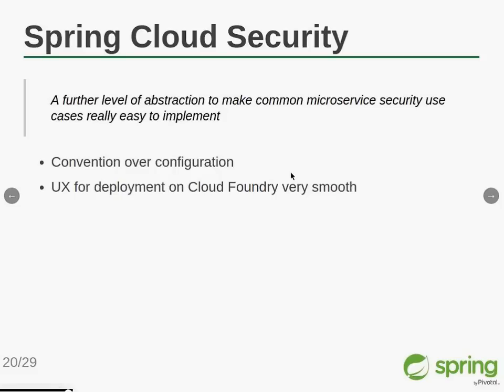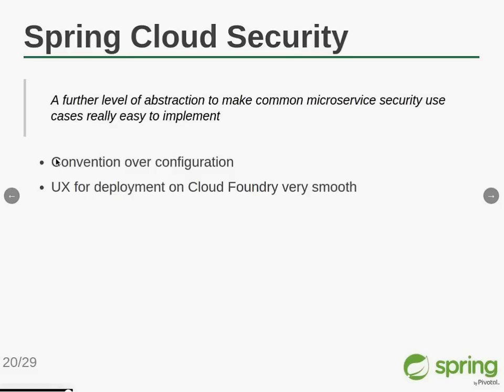So that's a really basic rundown of Spring OAuth2 features, showcased a couple of them. A new thing we've done recently is Spring Cloud, and there's a Spring Cloud security module in that, which is a little bit higher up the stack again, a little further level of abstraction to make some of the microservice use cases really easy.